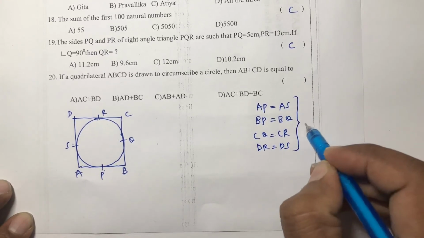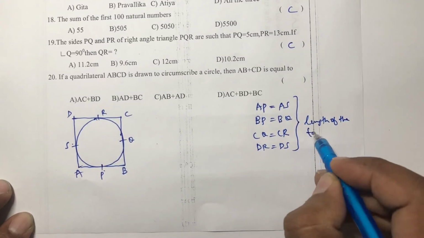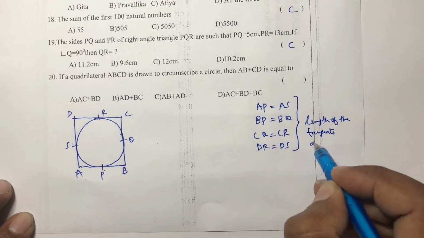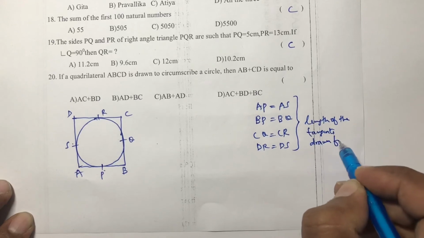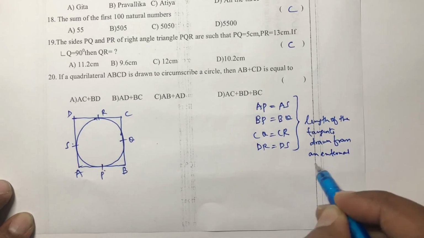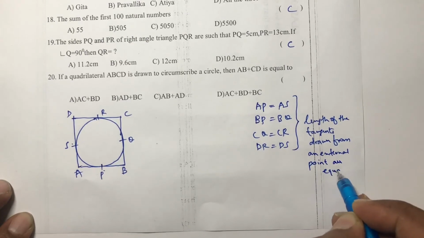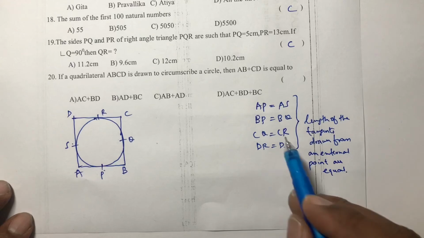This is all because the lengths of tangents drawn from an external point are equal.